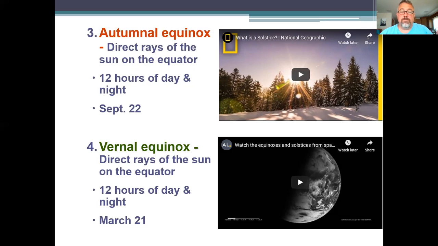Vernal means spring. And so 12 hours daylight, 12 hours of darkness, 12 hours daylight, 12 hours of darkness. Now we're just facing from a little bit different direction, but we're both at the same place on the equator. And so September 22nd for the autumnal, March 21st for the vernal.